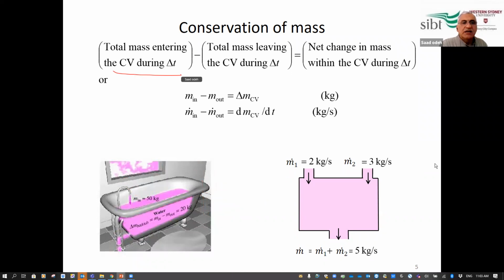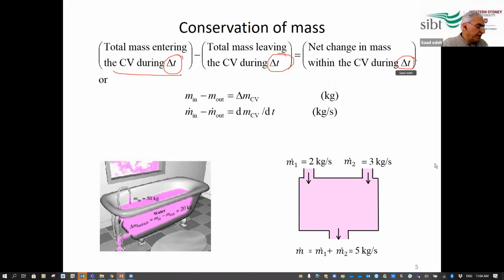The mass entering the control volume of a system during a certain time, delta T, this is delta T representing time, minus the total mass leaving the control volume during the same time, must equal the net change in mass within the control volume during the same time.